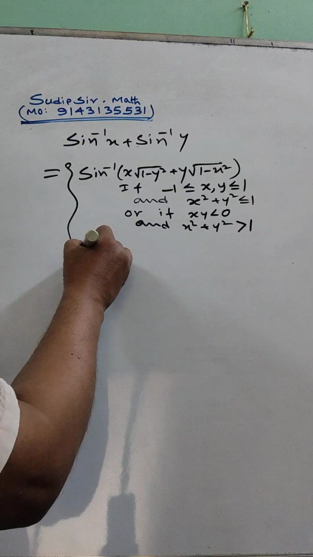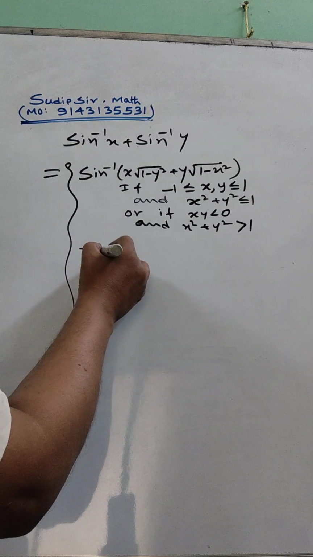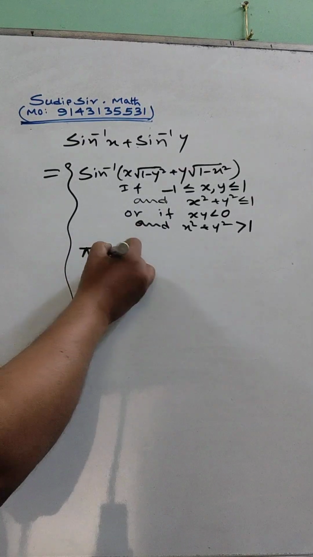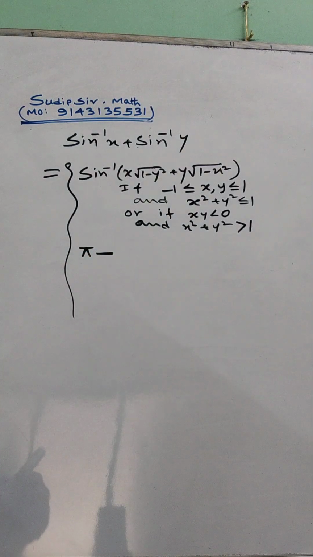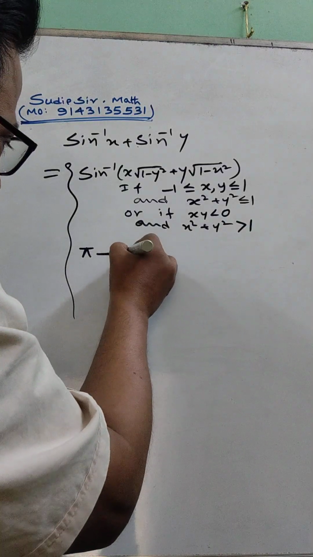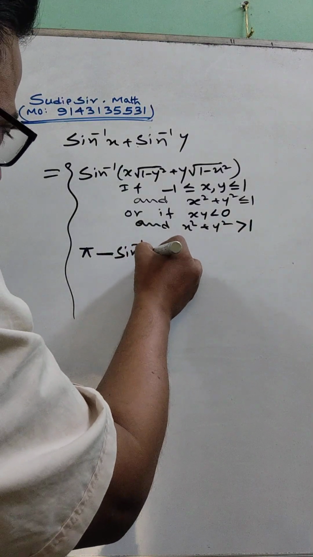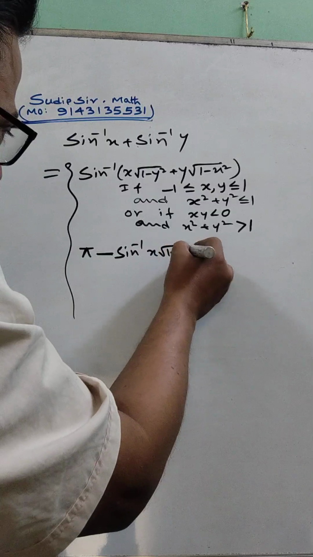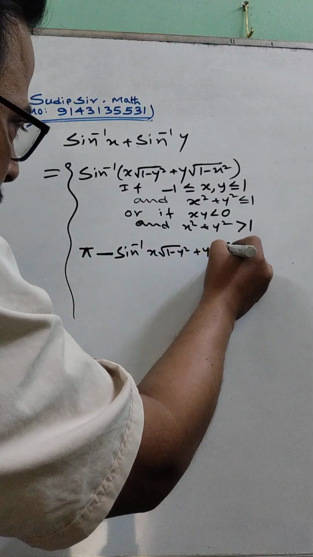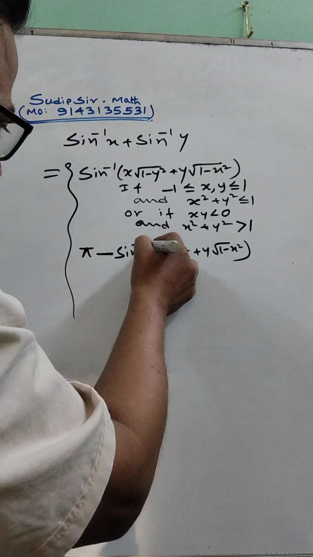Otherwise, the value will be π minus that value: π − sin⁻¹(x√(1 − y²) + y√(1 − x²)).